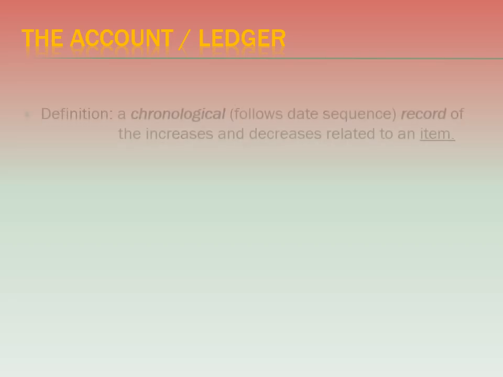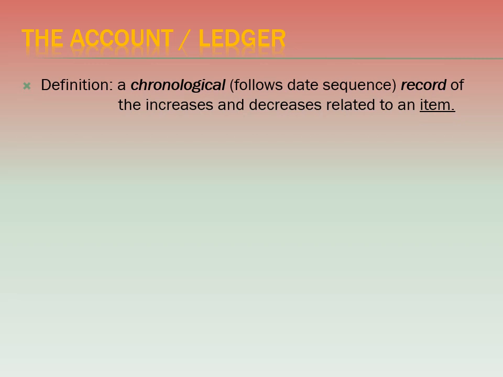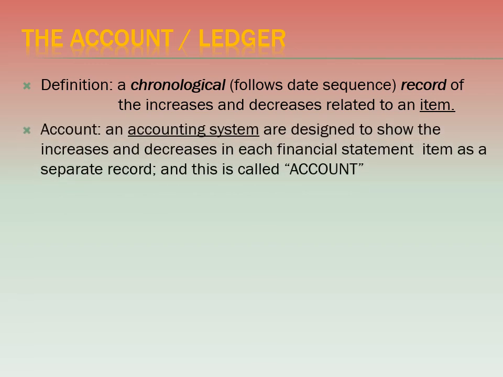So the account, or a ledger, is actually a chronological sequence of records, whether they increase or decrease the item. Another definition of an account is that it usually shows the increase and decrease in the financial statement.